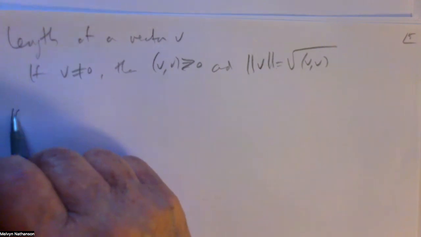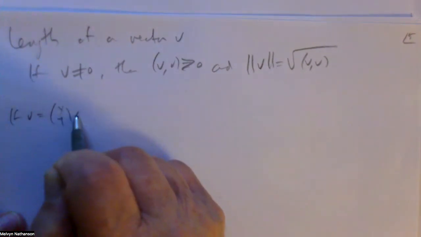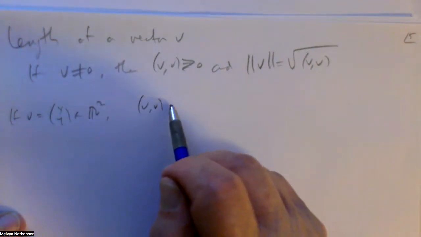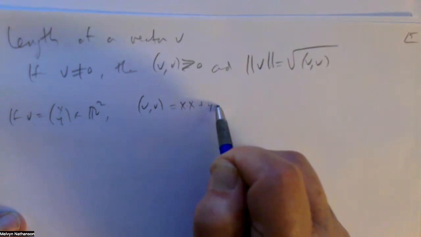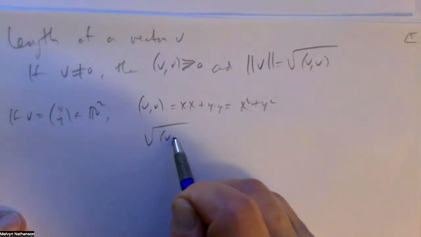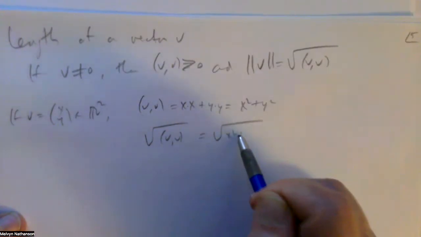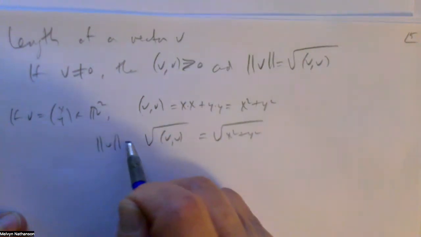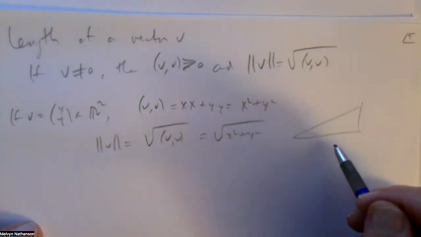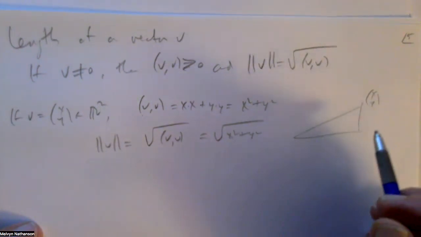And of course, this is exactly what you know as the length of a vector in R2 and R3. So for example, if v is the vector (x, y) in R2, then when you take the inner product of v with itself, you get x times x plus y times y, which is x squared plus y squared. So the square root of the inner product is the square root of x squared plus y squared. That's the length of the vector v, which is exactly what you learn in calculus or pre-calculus.